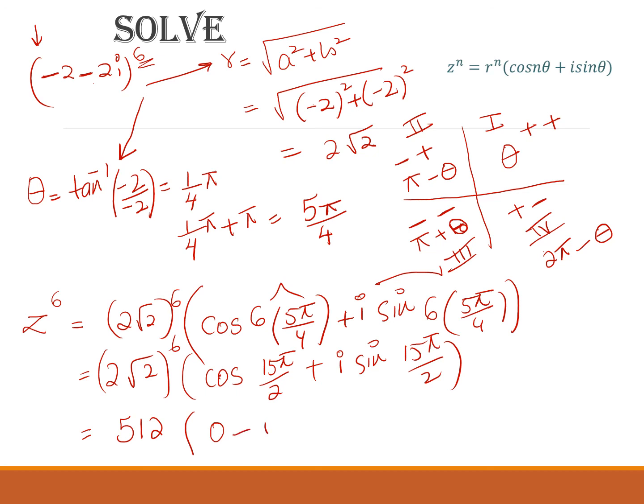Just to make sure and explain, sine 15 pi by 2 is equal to negative 1. Now open the bracket: anything multiplied by 0 gives you 0, and 512 times minus 1 iota gives us negative 512 iota. So this is our complete answer.